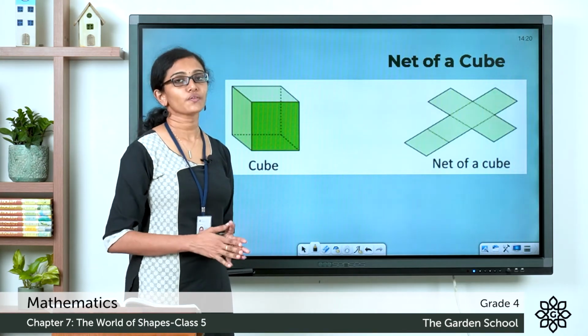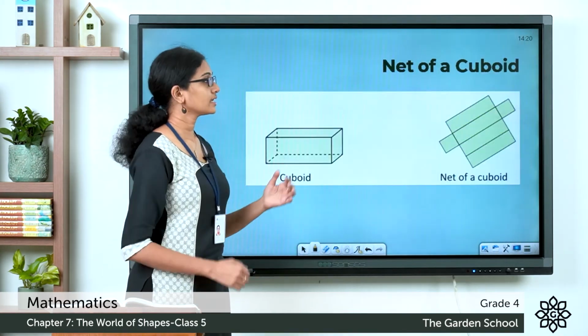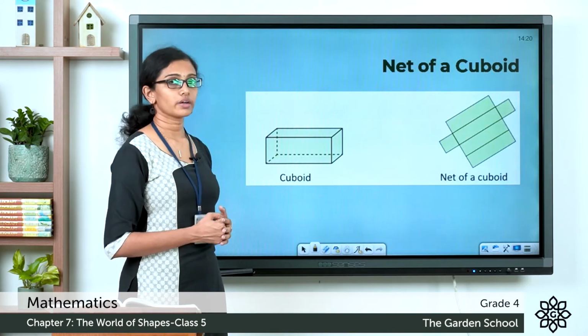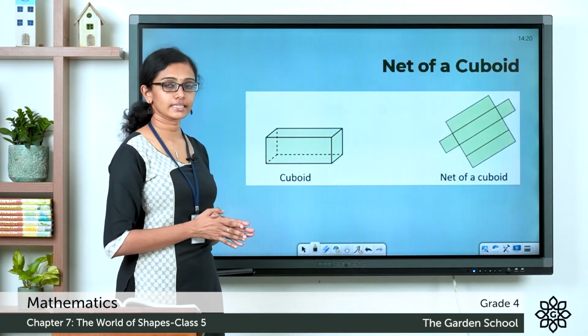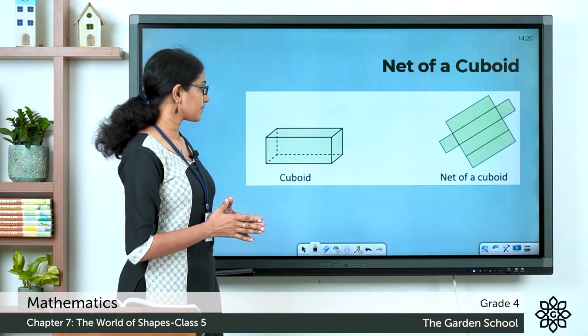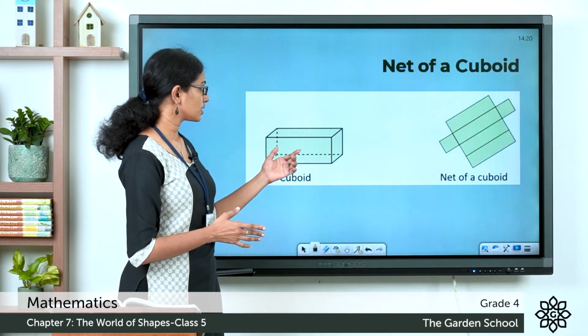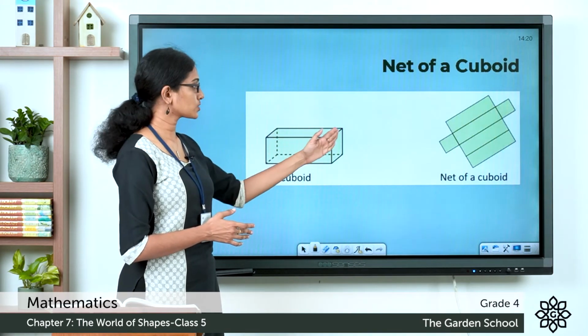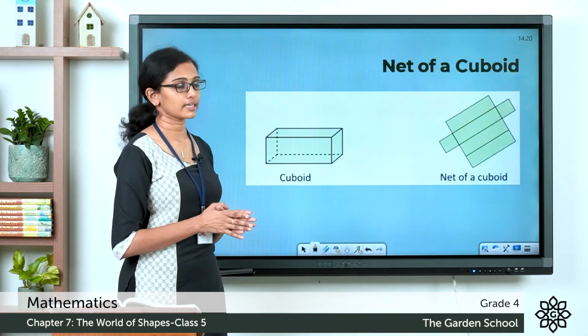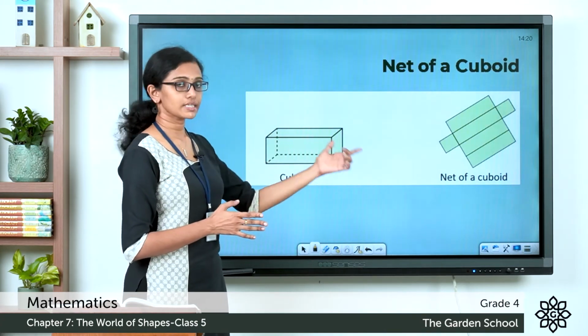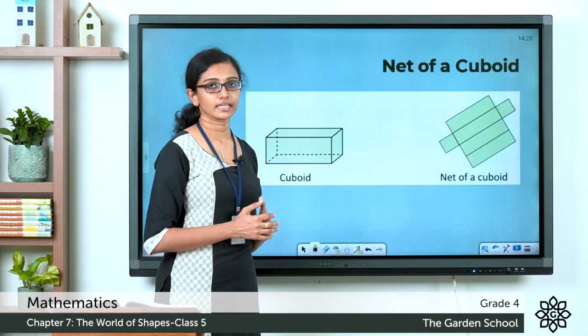Let's see the net of the next shape. Here we have the net of a cuboid. We have already seen that in the previous examples. Now, here you have the cuboid and it has got rectangular faces and also square faces on both sides. So when you make a net of the cuboid, you'll get a pattern like this.